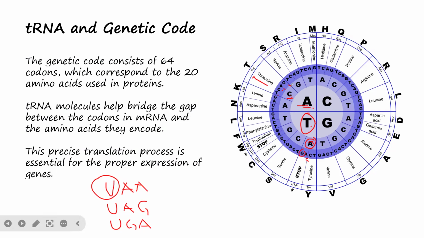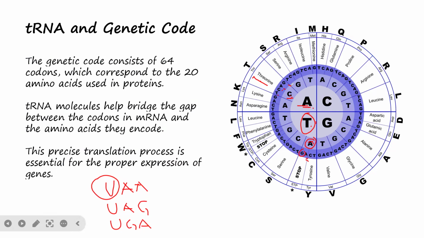The codons in the messenger RNA are used to code for specific amino acids, which are used in translation. So the precise translation process is essential for proper expression of genes. So ladies and gentlemen, these are the genetic codes that are responsible for coding for different types of amino acids.